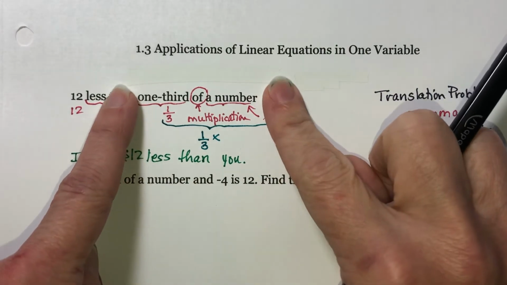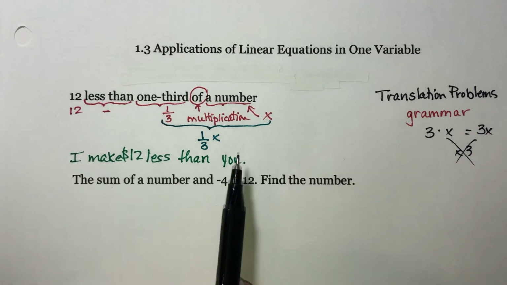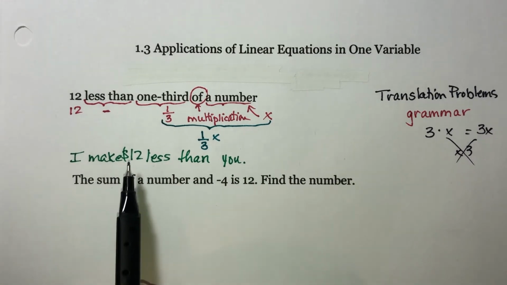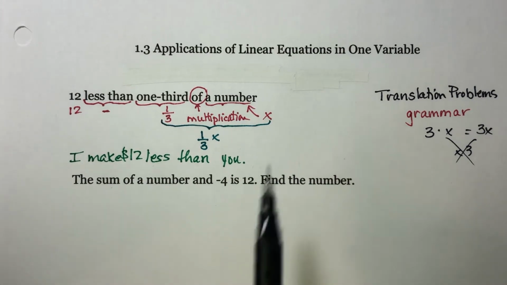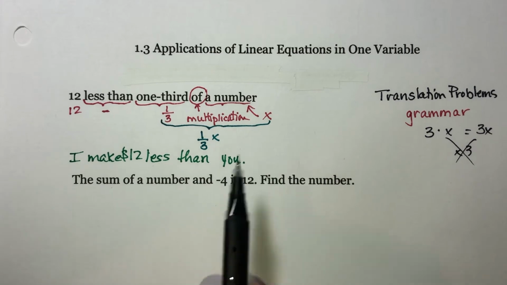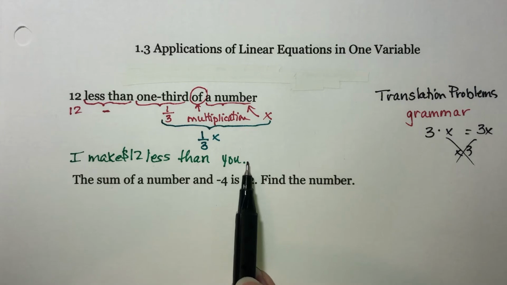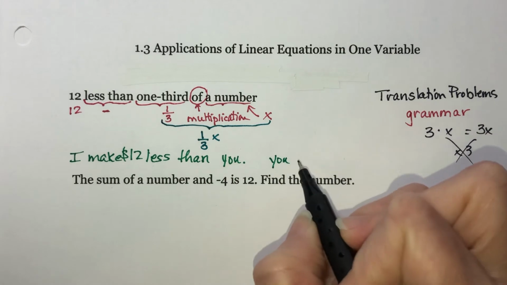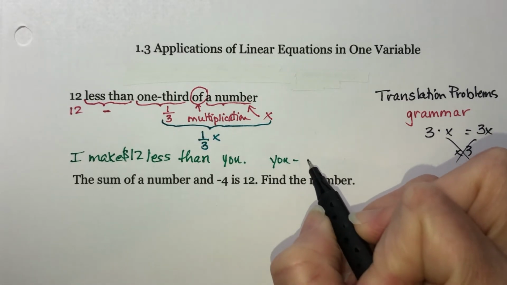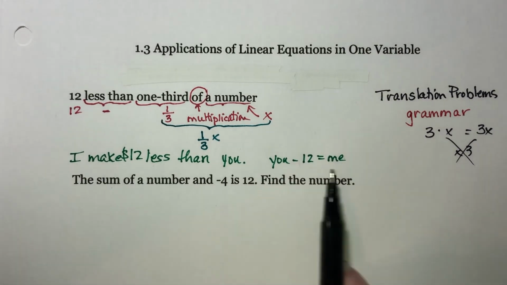All of this is basically in the same place. Now what I have to figure out is if I want to find out how much I made, do I need to take 12 minus what you make? So let's say you make $20. If I need to find out how much I make, do I do 12 minus 20? No, I would not do that. What I would do is what you make and then subtract away the $12. That's the order that makes sense when I put it into money context.